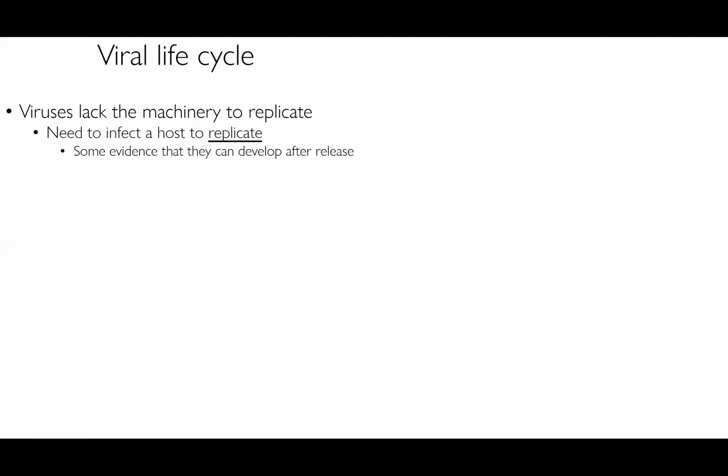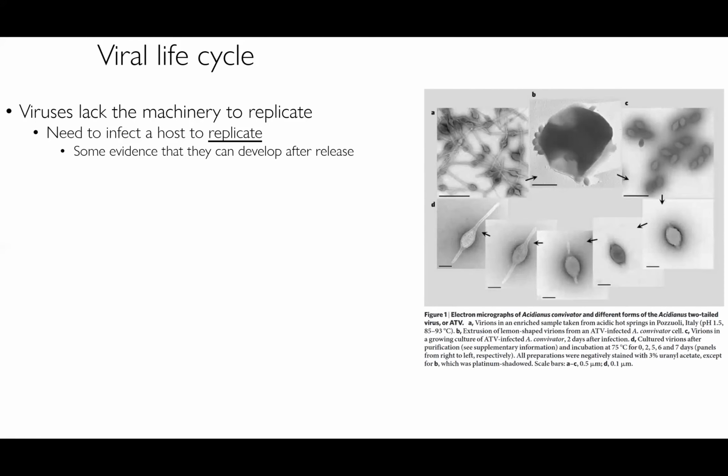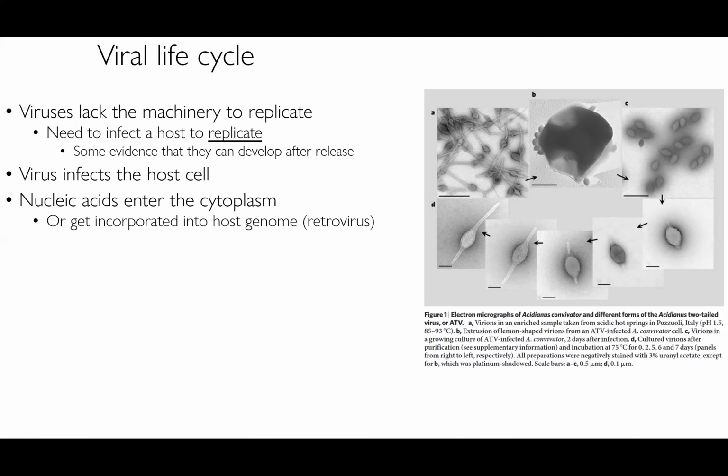There is a little bit of evidence that suggests these viruses can develop a bit, and we can see this here with a micrograph of this two-tailed virus. Essentially, it infects the host, it comes out and does some developing over time. But the vast majority of viruses, once they infect the host, once they get the host to make new viruses, they don't change at all. But again, they are dependent on the host, and thus they have to infect a host.